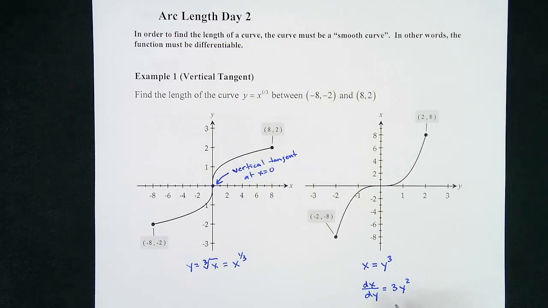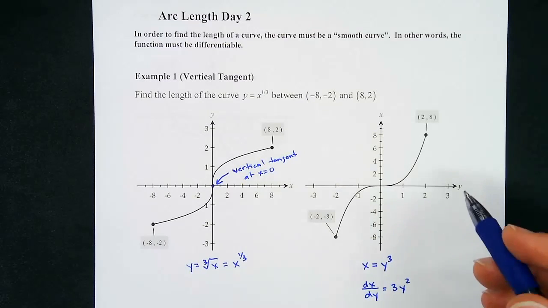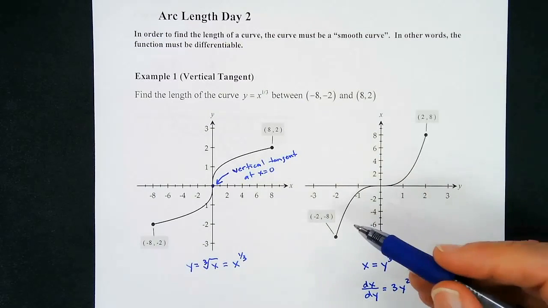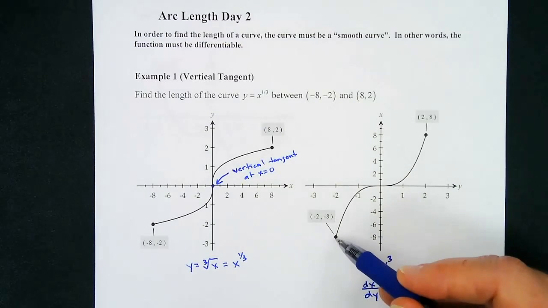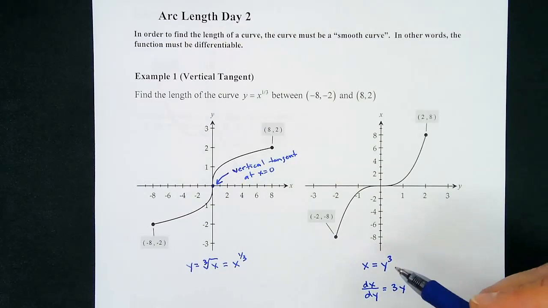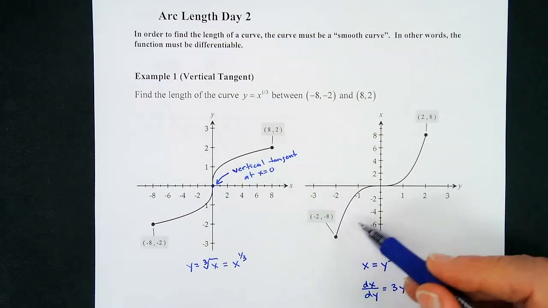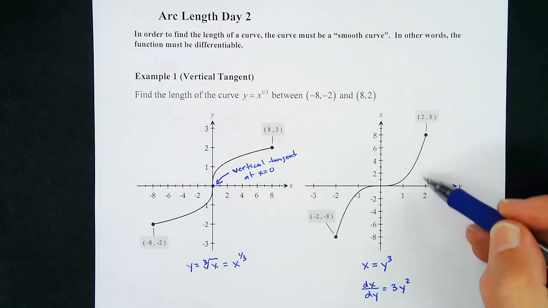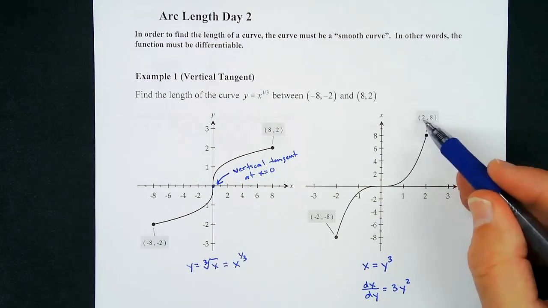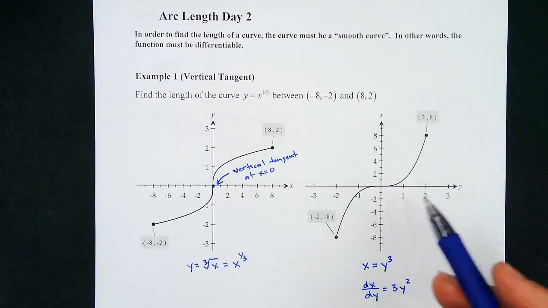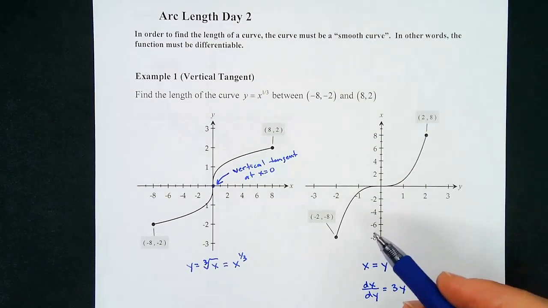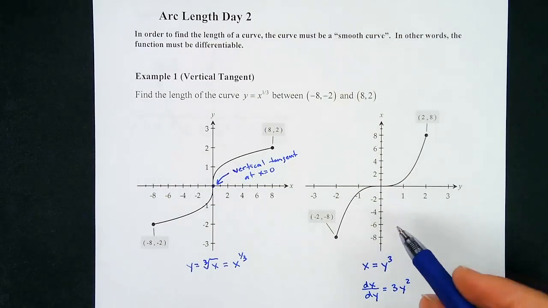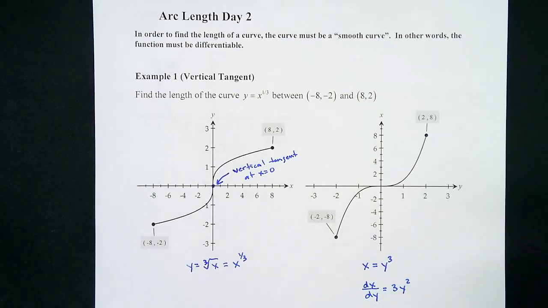Remember, we need dy over dx or dx over dy if we're trying to find the arc length. And so we're going to integrate this from -2, which is actually a y value now, to +2, which is a y value, right? Because our y values are the inputs now. Okay, so basically it's graphing the inverse relationship of this. That's what we basically did.